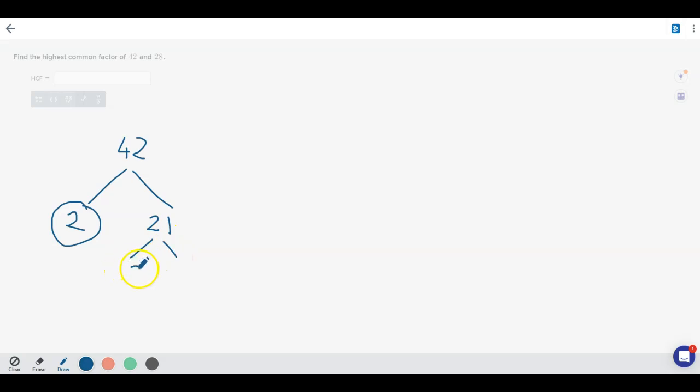So 3 and 7, so 3 times 7 gives you 21. And again, we know 3 is a prime number and 7 is a prime number. So the prime factorization of 42, sorry, is 2 times 3 times 7. So they're the prime factors of 42.